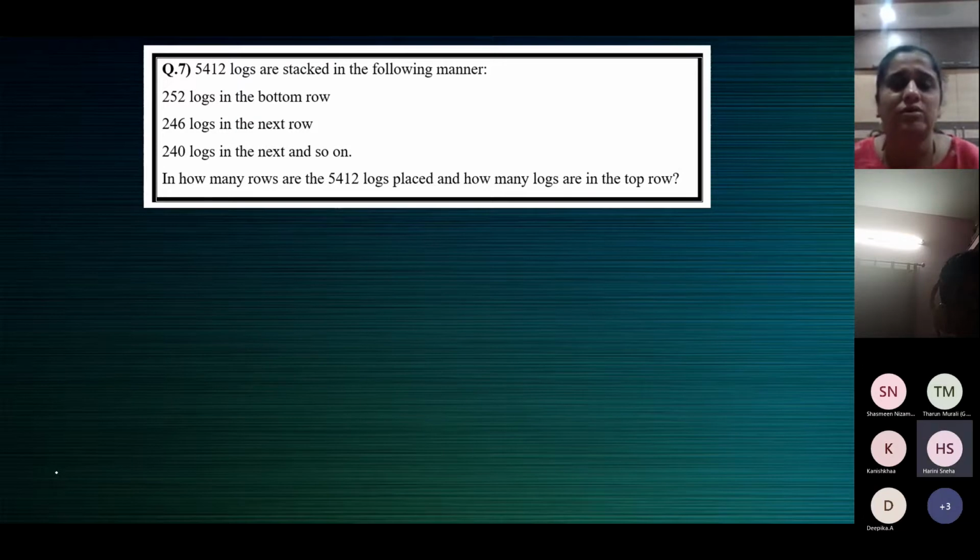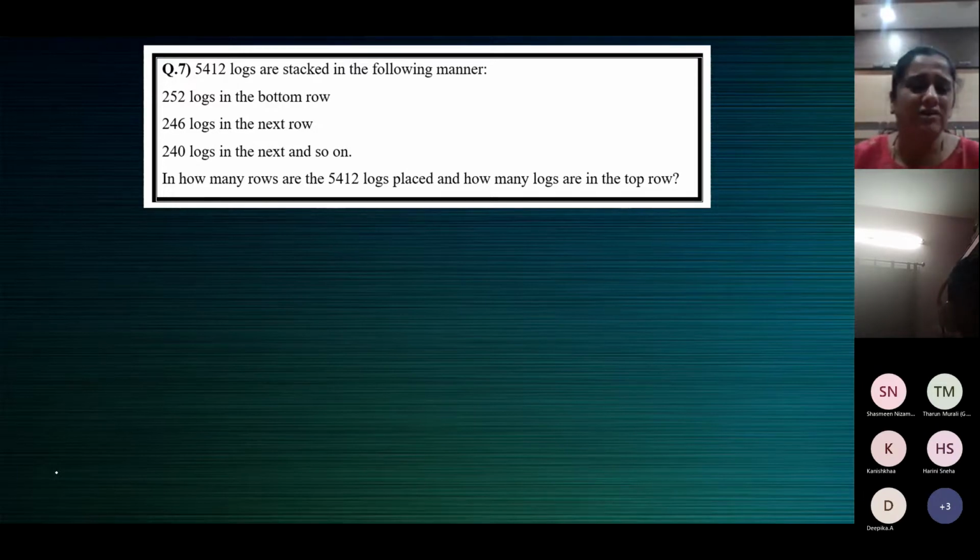I think you have a similar one. No, I think the numbers are different there, right? They have given 20 something. Okay, good. The numbers are different. So 5,412 logs are stacked in the following manner, 252 logs in the bottom row.